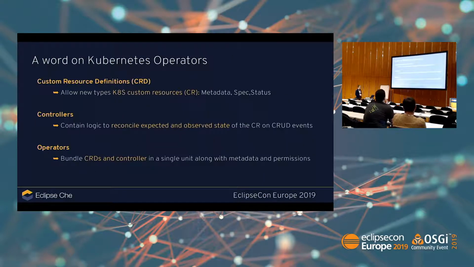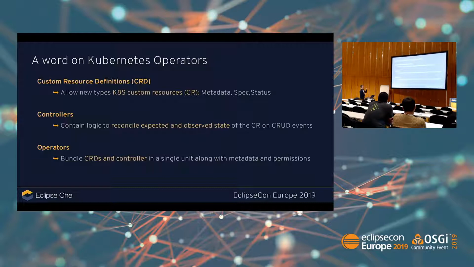Just a word on custom resource definitions and operators. Custom resource definitions allow adding new types of Kubernetes resources into the cluster, in which you can define your own metadata, specification, and expected status.